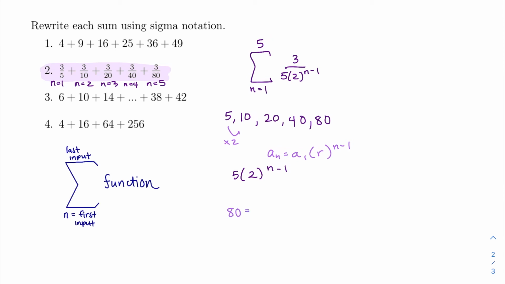So 80 equals 5 times 2 to the n minus 1, and just solve that using any of our strategies from Learning Target 3 of Unit 1, right? Make the bases the same. You've got your answer. But again, we can just count this one. We don't actually have to solve that because we can just see from counting, okay? That's one way you could do this.